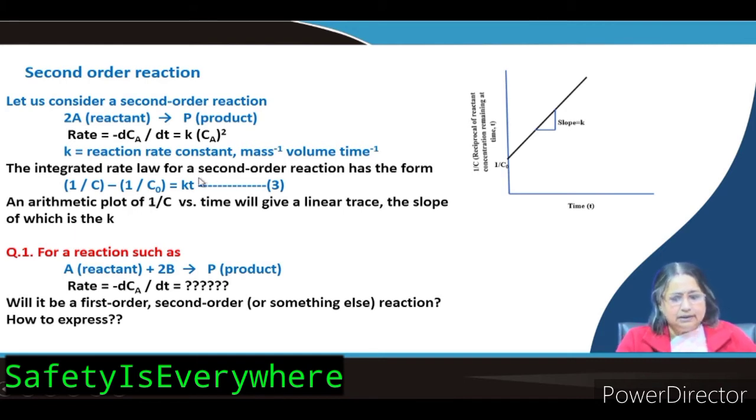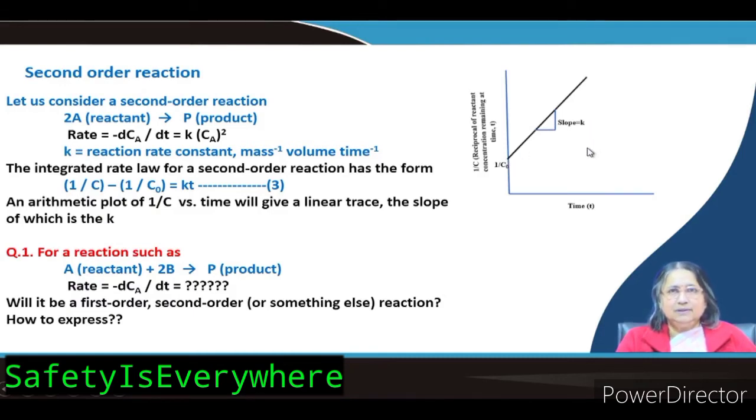Now, for the second order reaction, this is the integrated rate law. If you plot 1 by C in the y axis and time in the x axis, then you will get a straight line with positive slope. The intercept is 1 by C0.